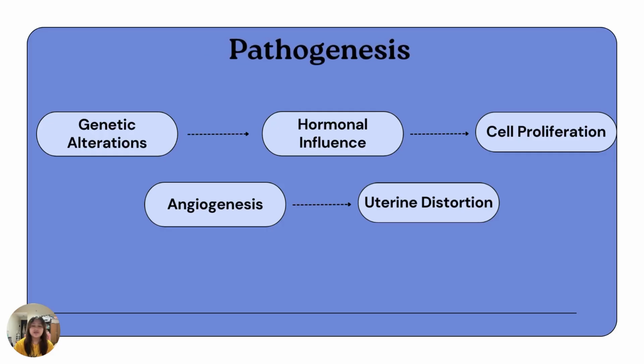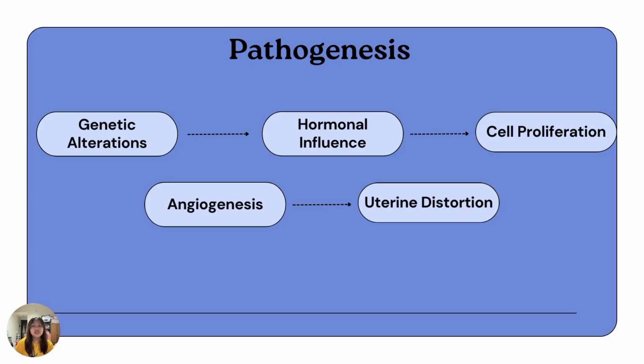And then for its pathogenesis, the flow is genetic alterations and then hormonal influence, followed by cell proliferation, angiogenesis, and then uterine distortion. So we begin with the genetic alteration since around 40% of leiomyomas show chromosomal abnormalities, and their common rearrangements include those affecting 12q14 and 6p, which involves the HMGIC and HMGIY genes.